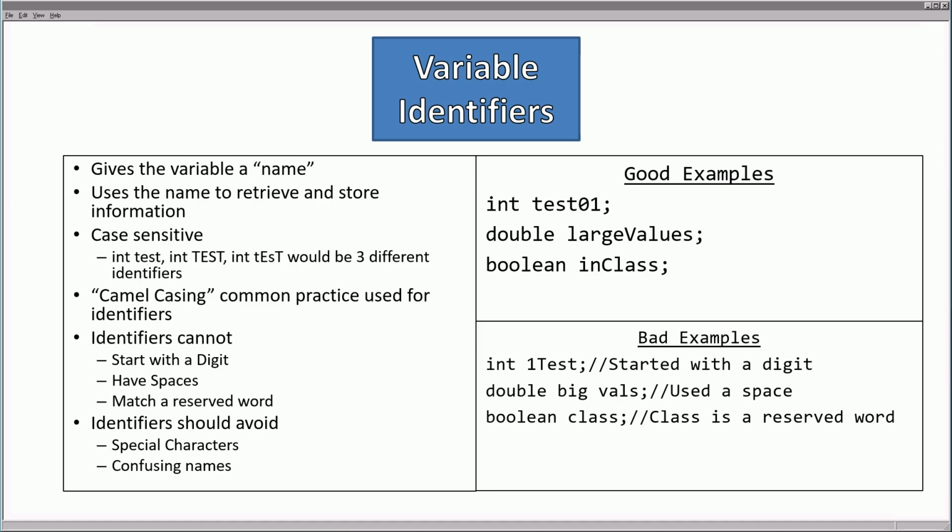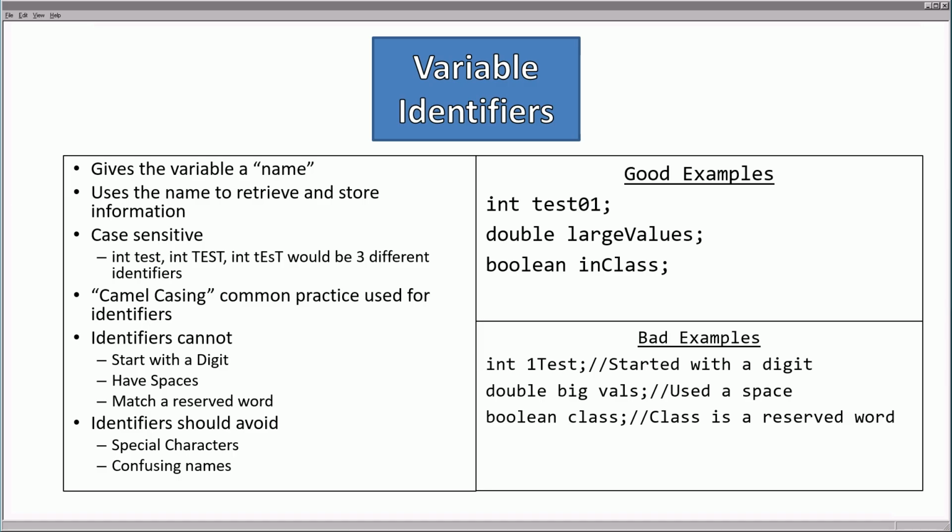It is really good programming practice to use camel casing whenever you are declaring variables. So basically the idea is you lowercase the first letter in a word, and then after that word you uppercase the first letter in every subsequent word in the identifier.